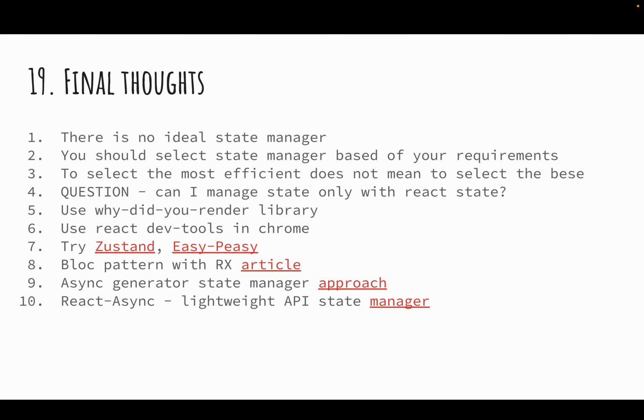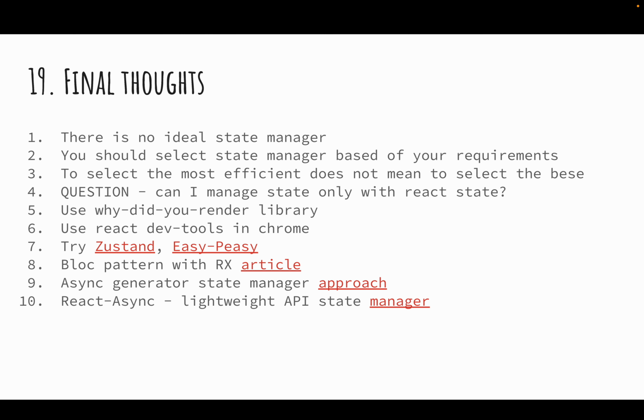And final thoughts, what I wanted to discuss with you. There is no ideal state manager, and you should select your state manager based on your state requirements. For example, if you have an application and you need an efficient API state manager with GraphQL, you can use Apollo or React Query or even Relay. So you need to select the most efficient state manager that really works for you.